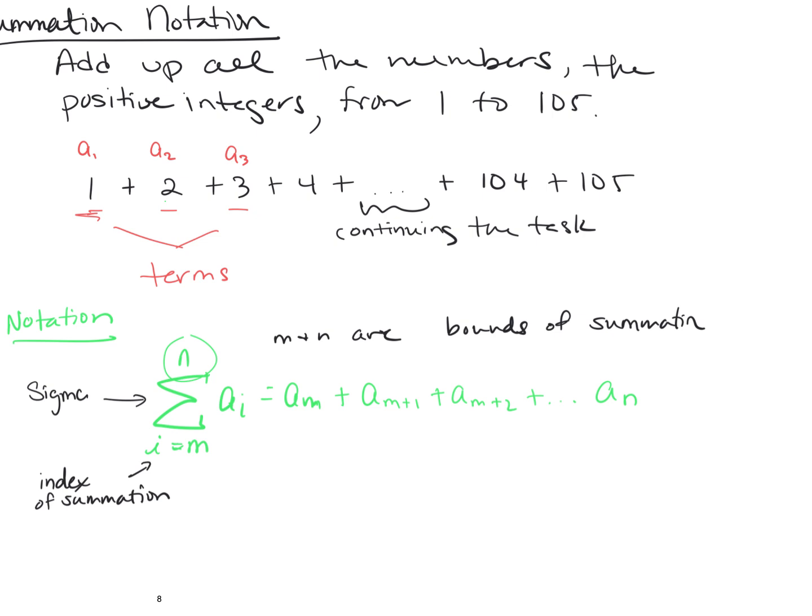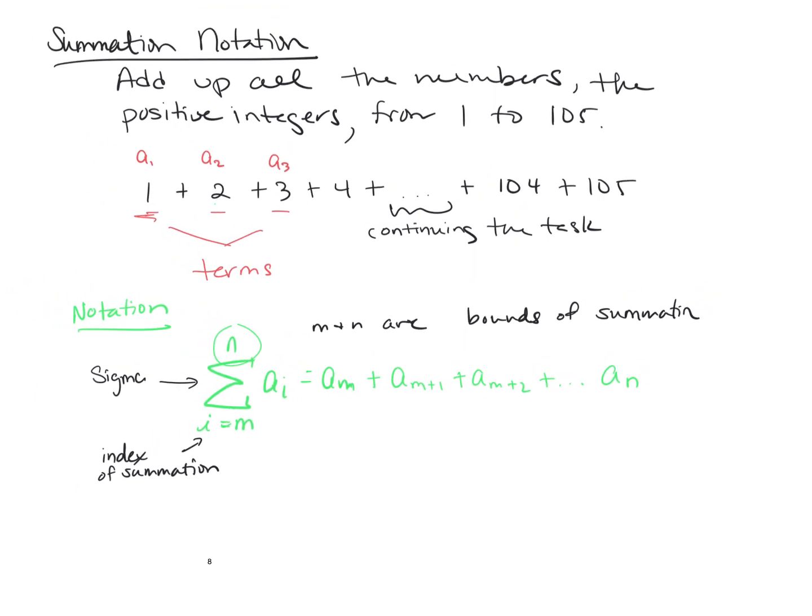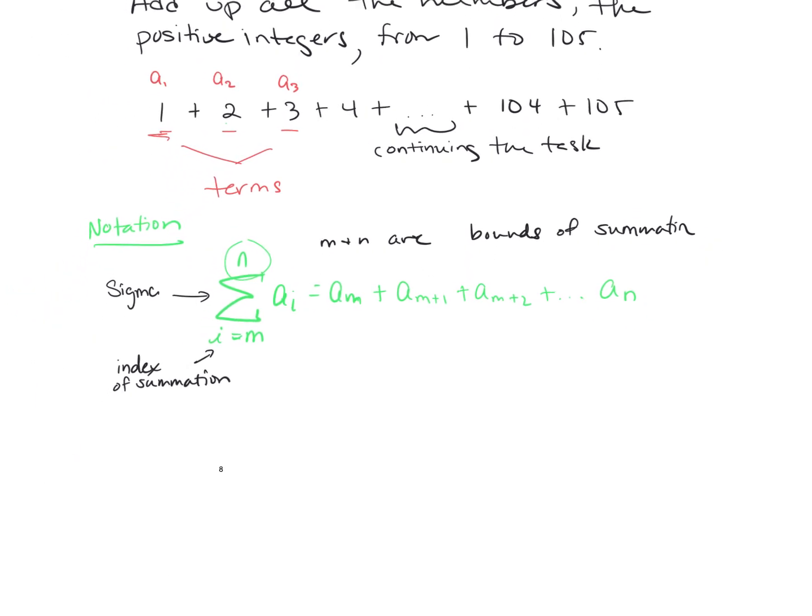Okay. So if I were to write what I wanted up here, 1 plus 2 plus 3, using sigma notation, here's my sigma. I'll use i equals. Now what am I starting with? I'm starting with 1.